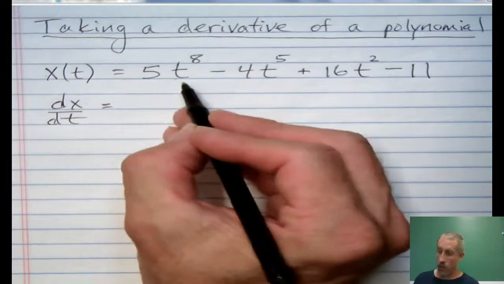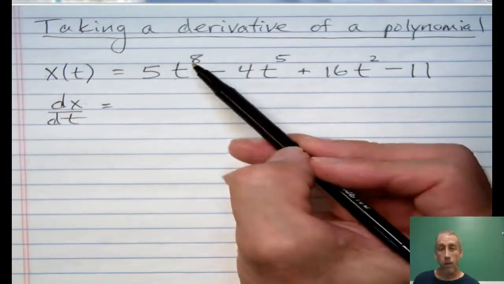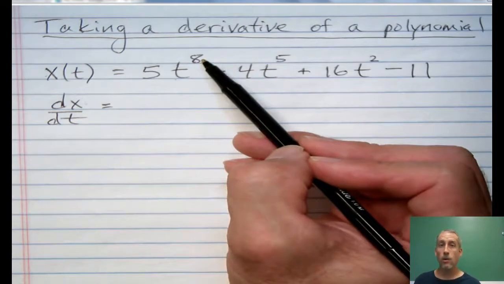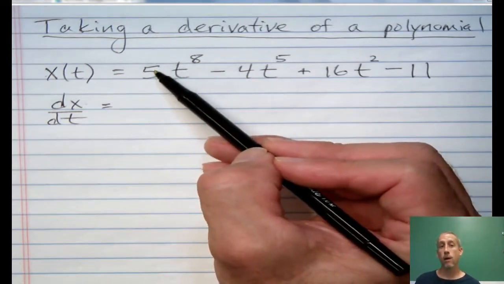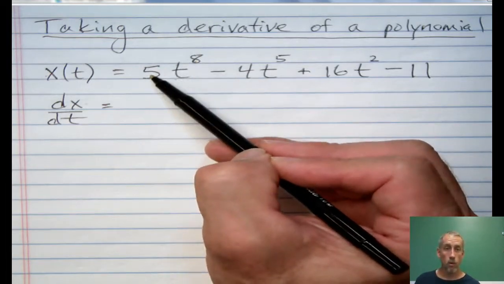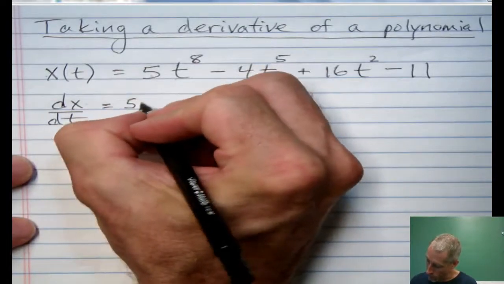So we're going to start here with the 5t to the 8th. And what we do first is we look at the power of our variable, the power of t. In this case, it's 8. That is going to become a new coefficient. Now, we already have a coefficient of 5 here. Well, we're going to have the 8 along with the 5, and they're just going to be multiplied together. So I'm going to write it explicitly this way: 5 times 8.